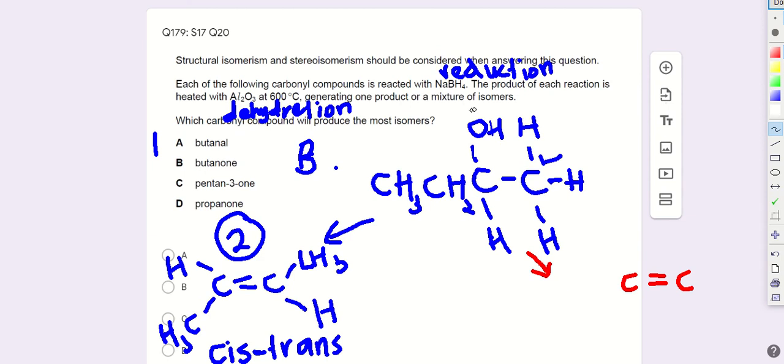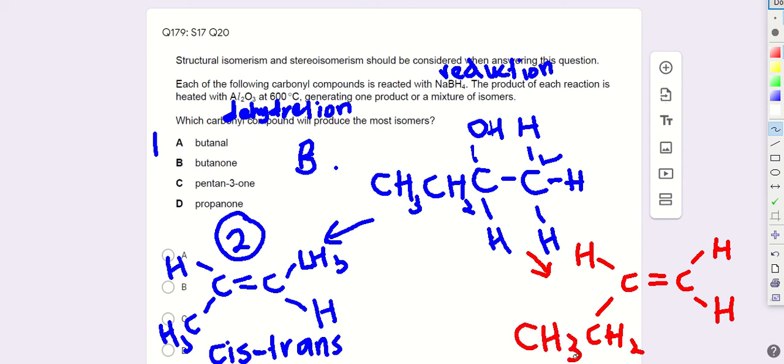After removing one hydrogen and the OH group, now this C is only bonded to two hydrogens. This carbon is bonded to an H and an ethyl group. Because this carbon is bonded to the same type of atoms, no cis-trans, it is considered another one product. So in total, 2 plus 1, butanone will give us 3 different products.